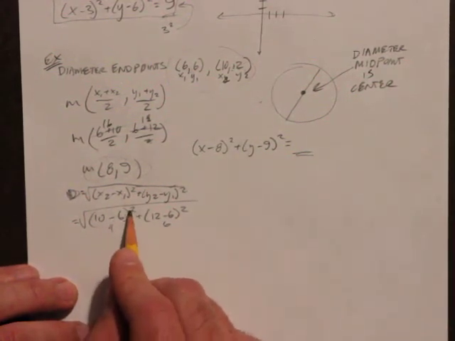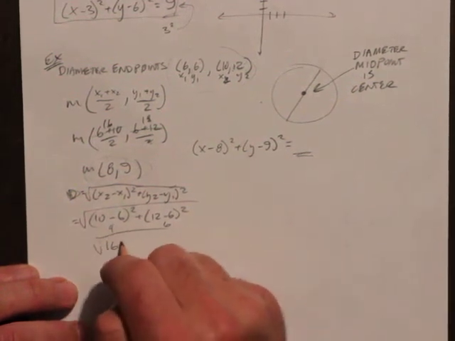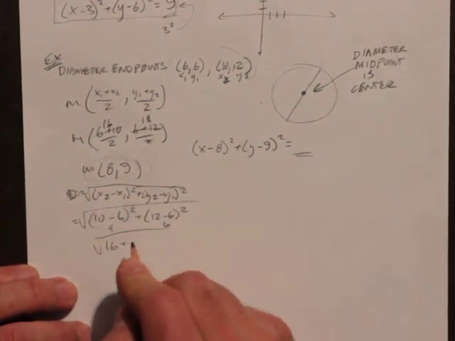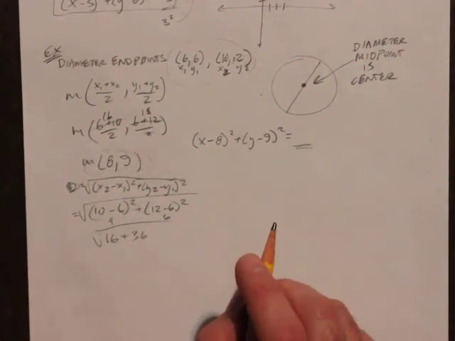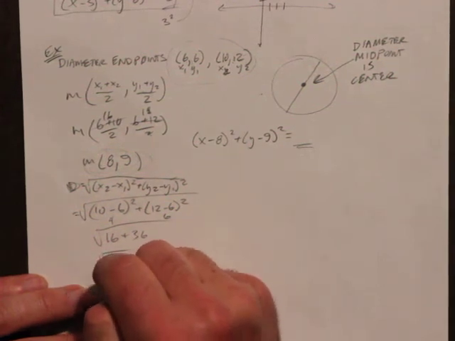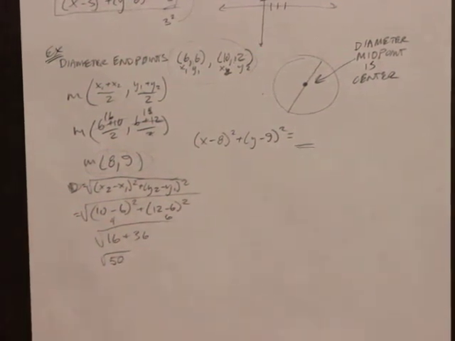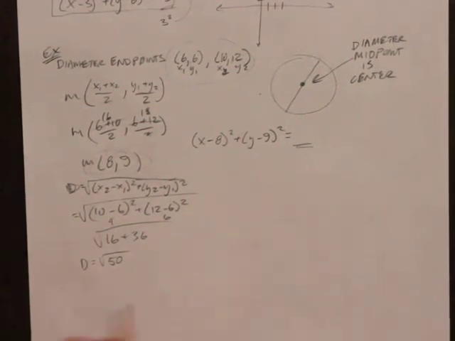All right, 4 squared is 16, plus 6 squared, which is 36. And so I end up with the square root of 50. Ew. Square root of 50 is my diameter and my distance.